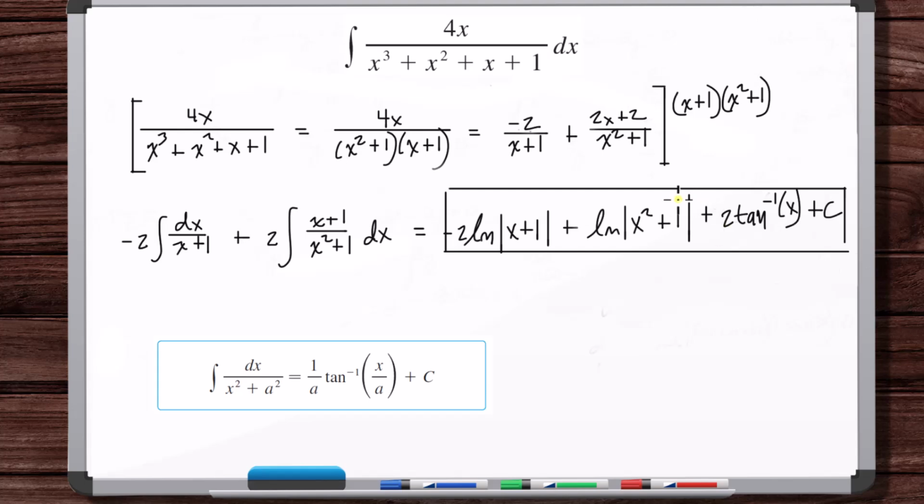And actually, we can simplify this a little bit more, because x squared plus 1 is always positive, right? So we don't need the absolute value. And there we go.